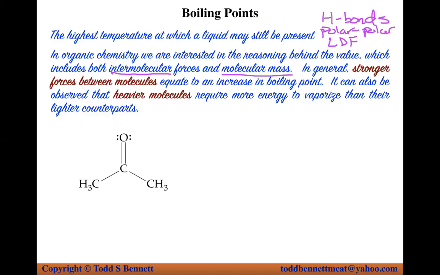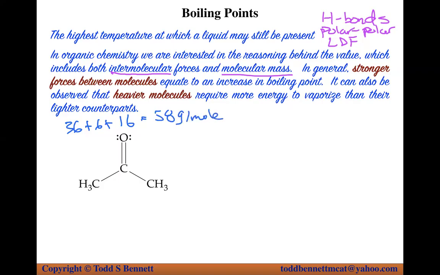So I'm going to just start off with an example. This compound, we use it in lab a lot. I've repeatedly brought this up in some of the previous podcasts, but I want to just do the calculation of mass real quick. Carbon, carbon, carbon, 3 carbons at 12 each, 36, plus 6 H's at 1 each, so 36 and 6, 42, plus 16 for oxygen is going to be 58 grams per mole.